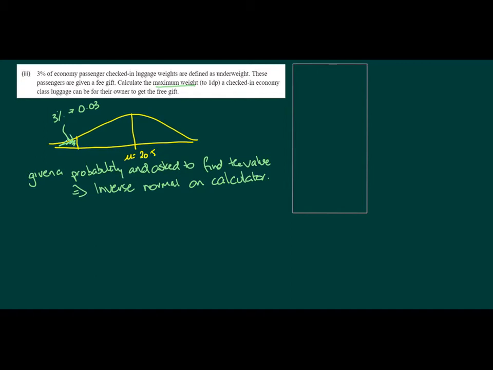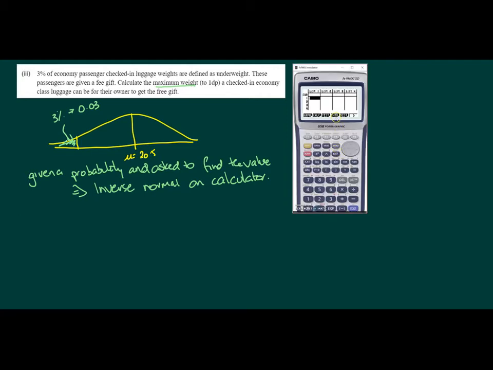So on our calculators, we go to the stat screen, press stat, and we get this screen here, and then we go to the distribution key and we pick that. Now this time we're doing inverse normal because we've been given the probability, the 3%. Now we're doing the left tail because we're dealing with the left tail on this side.